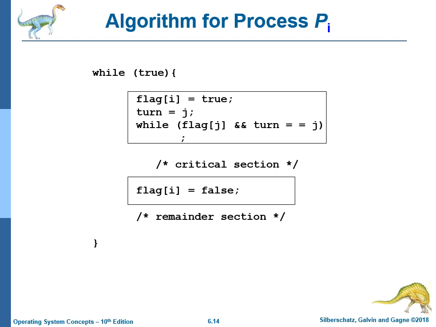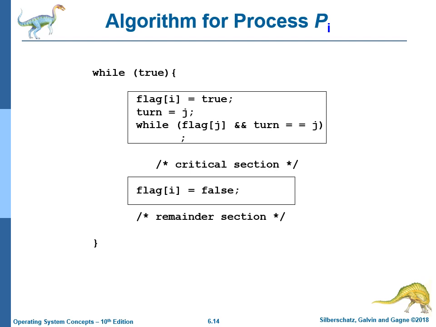The processes are numbered, for example P0 and P1. For convenience, when representing Pi, we use Pj to denote the other process, where j equals 1 minus i. So Peterson's solution has two processes that share data items, namely int turn and boolean flag.